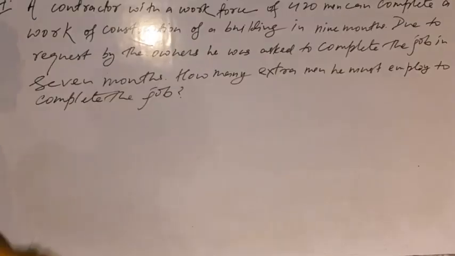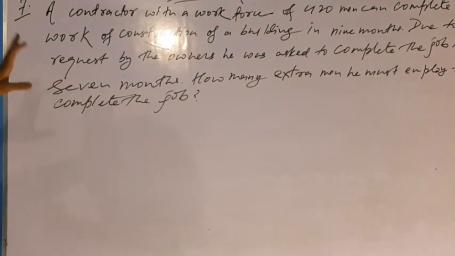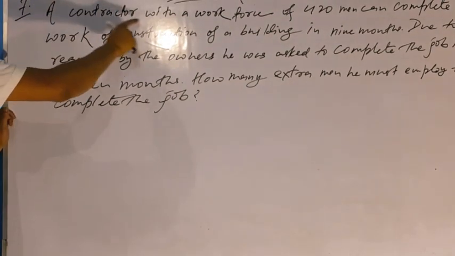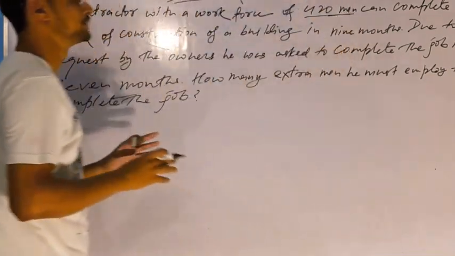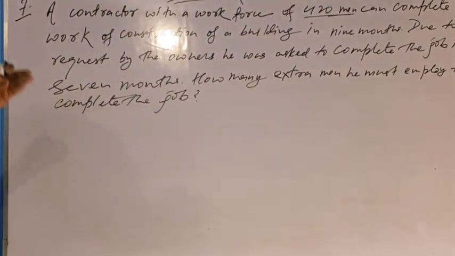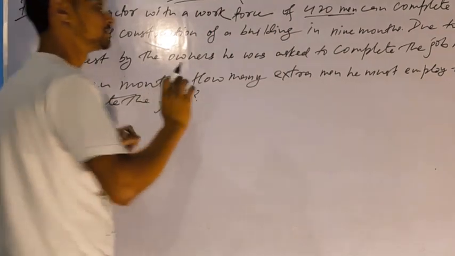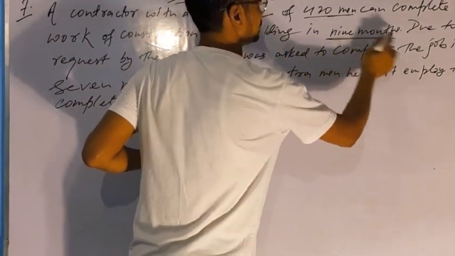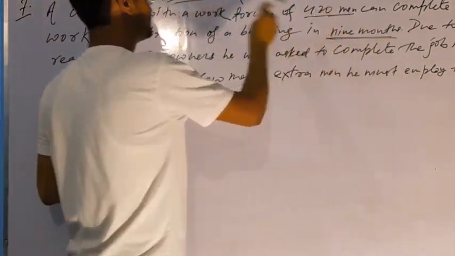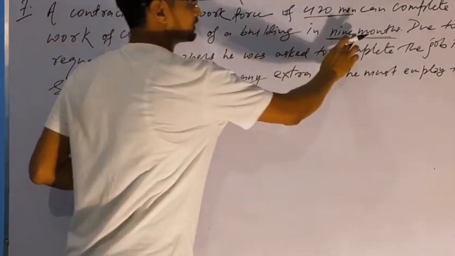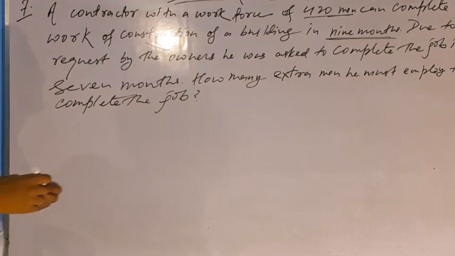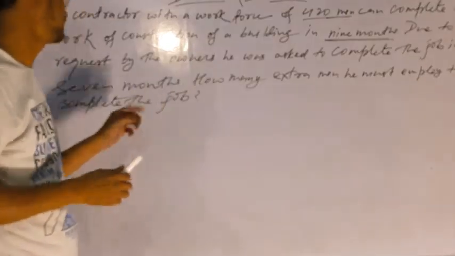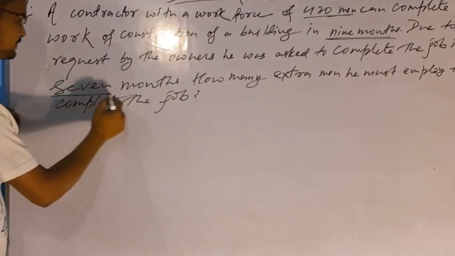Is it clear? Here our next question is question number 7, in which a contractor with a workforce of 420 men can complete a construction of a building in 9 months. 420 men can complete a building in 9 months. Due to a request by the owner, he was asked to complete the job in 7 months.